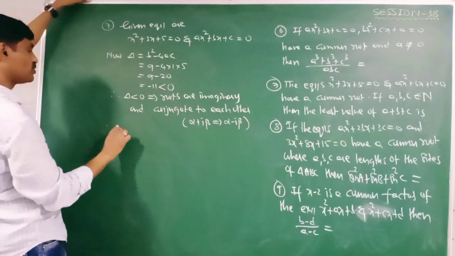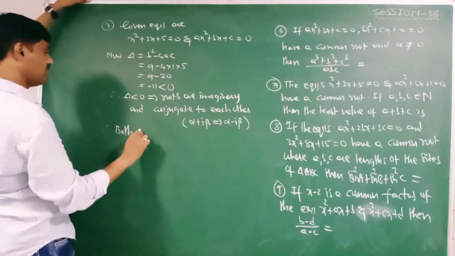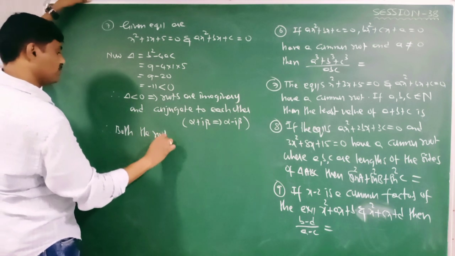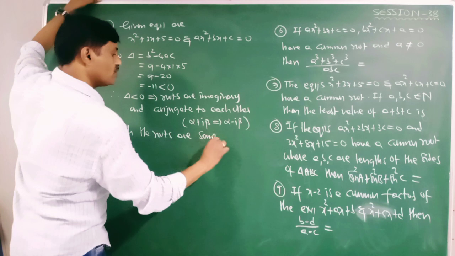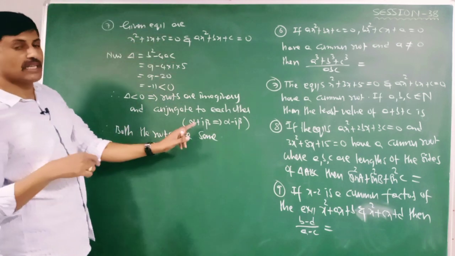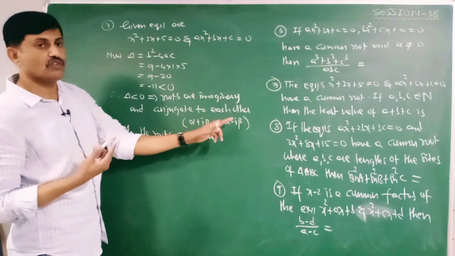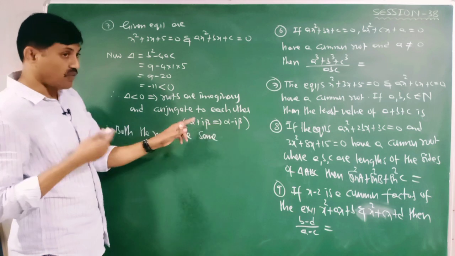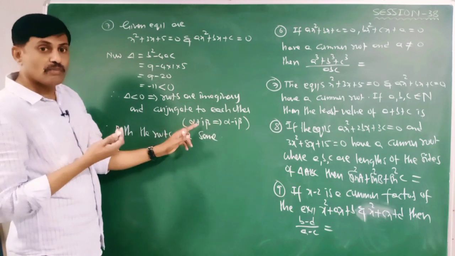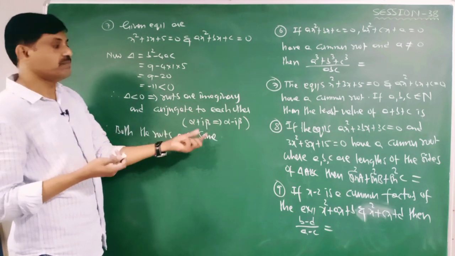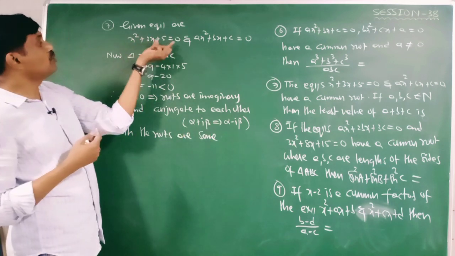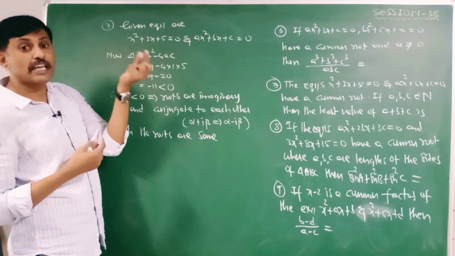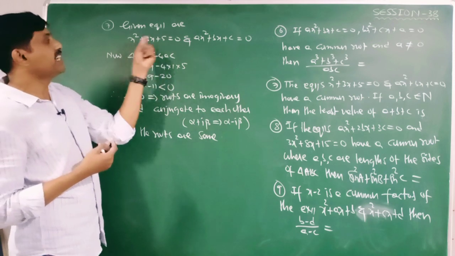Therefore both the roots are the same, because if alpha plus i beta is common, automatically the other is alpha minus i beta, and if alpha minus i beta is common, the other root is alpha plus i beta. Means both the roots are the same.